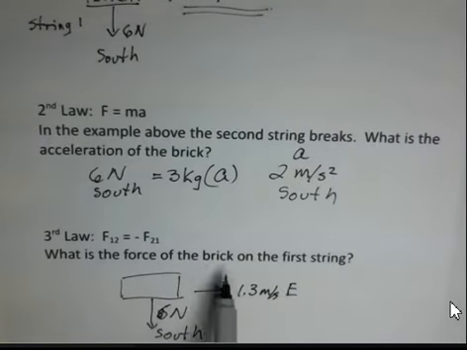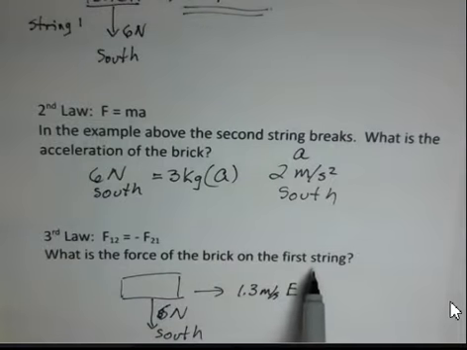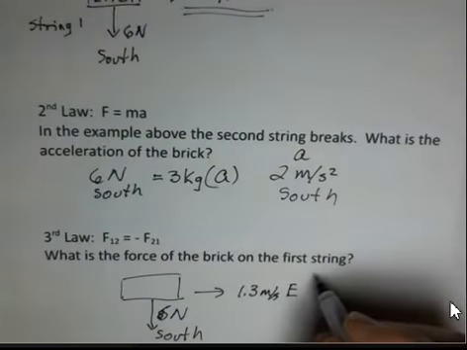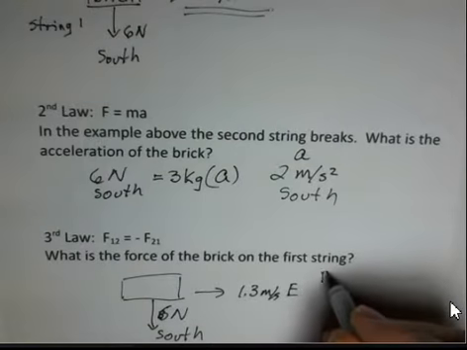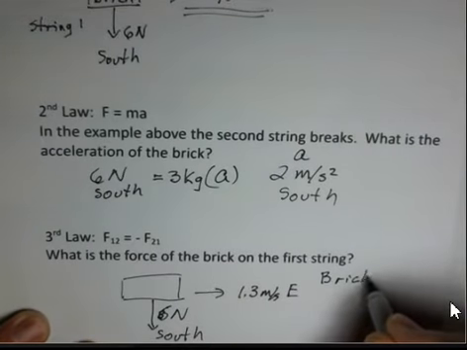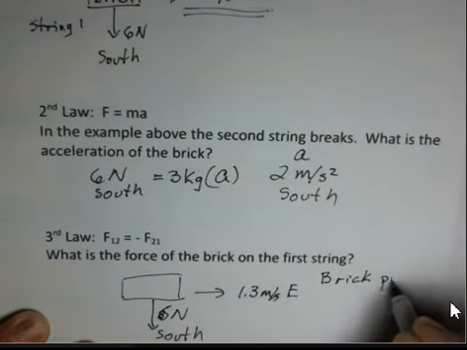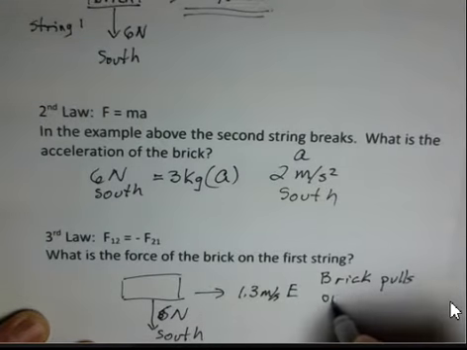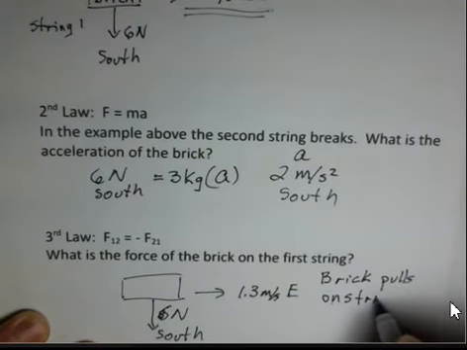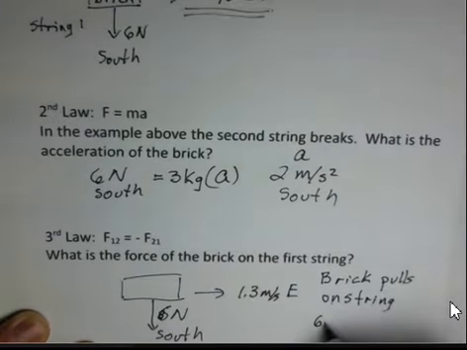What's the force of the brick on the string? Well, it's going to be the same magnitude. I'll go ahead and write it out here: the brick pulls on the string with 6 newtons of force to the north.